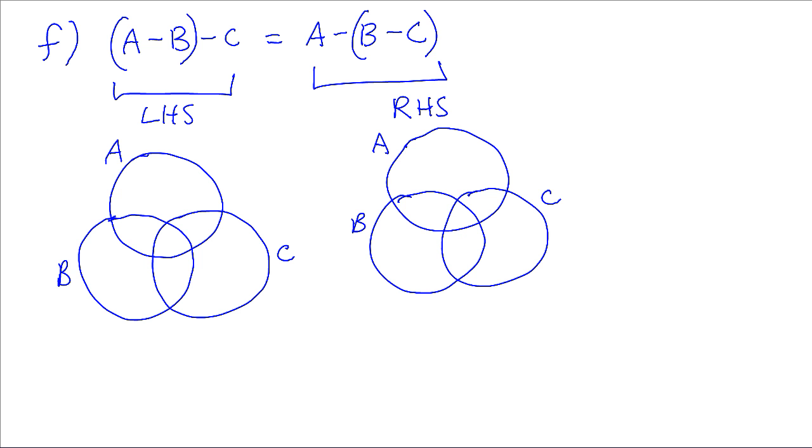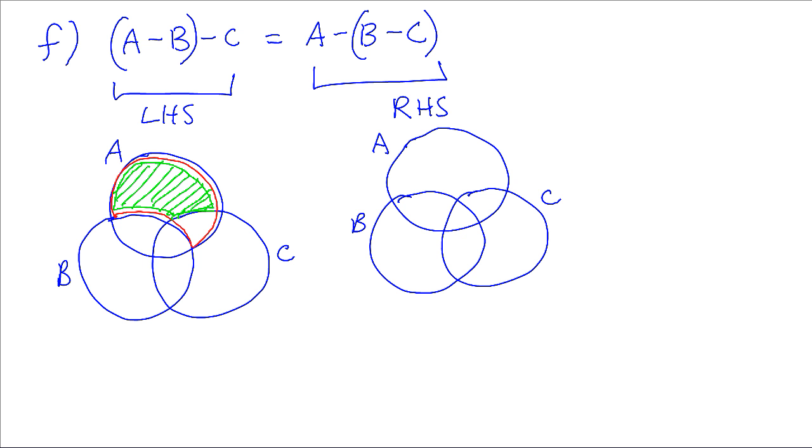A minus B is going to be this section. There's A minus B, and now I need to subtract C off of that, and I'll make that green. So I take this moon-shaped red thing and I subtract C off of it, so I end up with this green shape now. There's A minus B, and then subtract C from that.